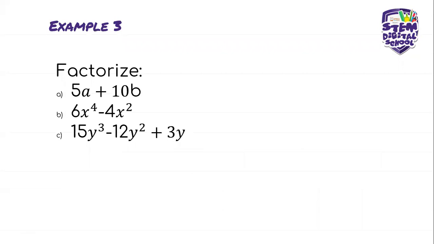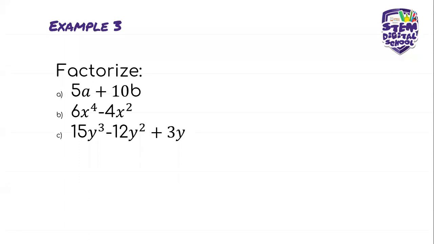Now, we also have this example 3 there, where we were supposed to factorize the following. In A, we have got 5a plus 10b. How would you factorize 5a and b? So the first step is to check whether there is a highest common factor.